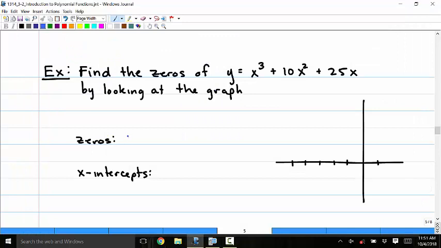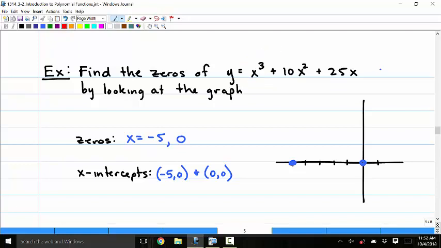So my zeros are at x equals negative 5 and 0. What are my x-intercepts? Negative 5, 0, and 0, 0. Here and here.